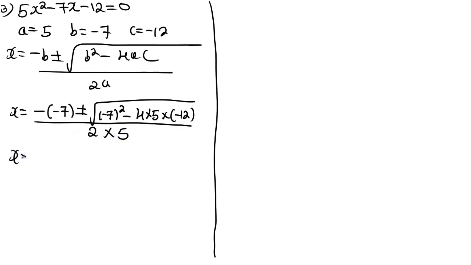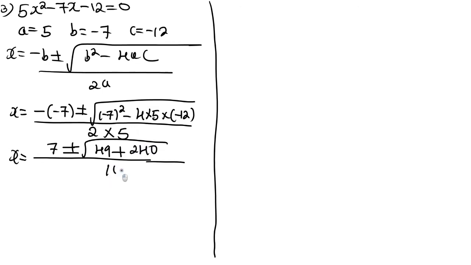So x value is equal to minus into minus plus 7 plus or minus square root of b square, minus 7 square is 49, minus into minus plus 5 4s are 20 into 12, you will get its value is equal to 240, divided by 5 2s are, it's equal to 10.